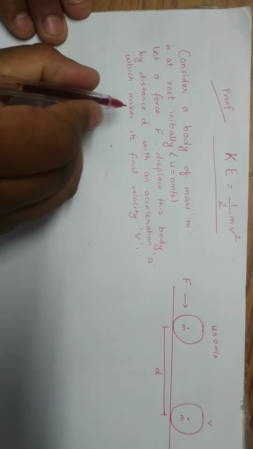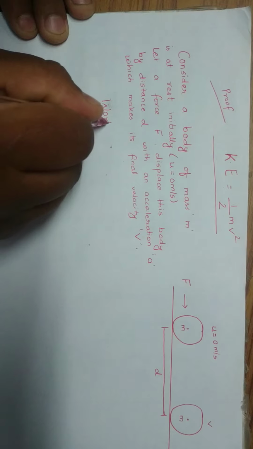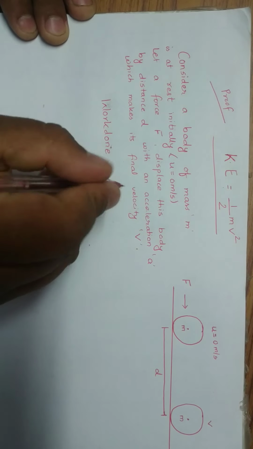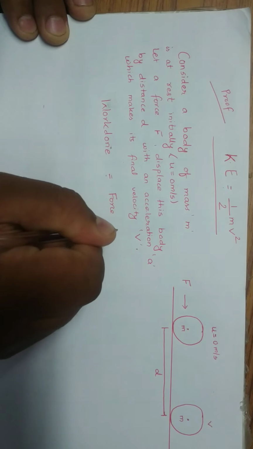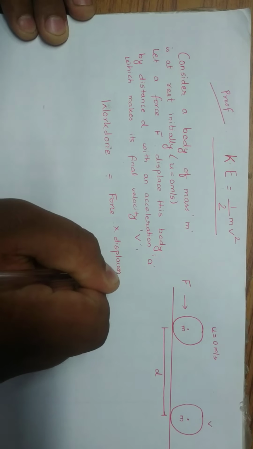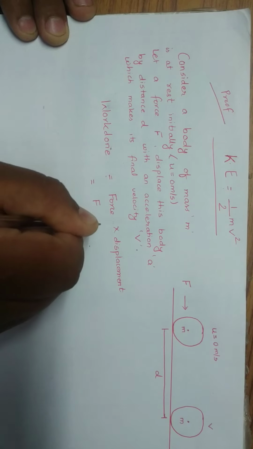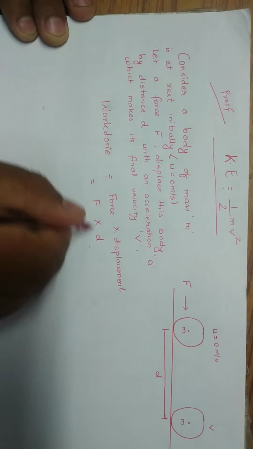So let's begin. We know that work done is given by a formula: work done is force into displacement. So let's just use the symbols F into d. This is force, this is displacement.